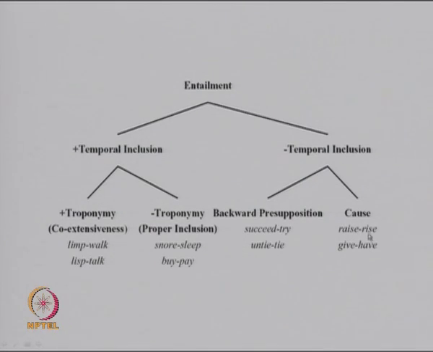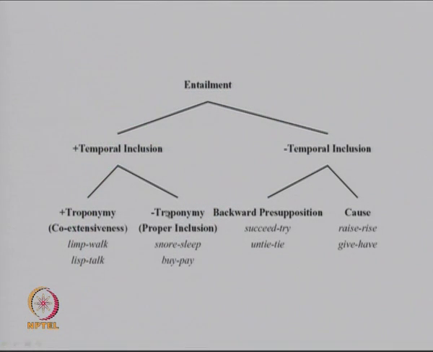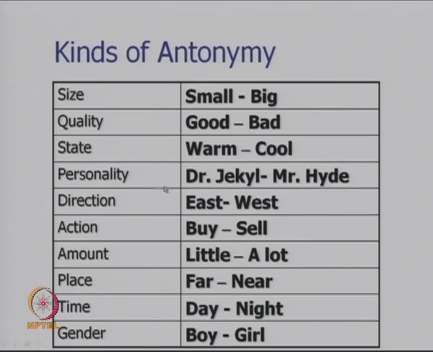So, this is the cause relationship without temporal inclusion. So, entailment is an extremely rich relationship which introduces as its parts troponymy, backward presupposition, cause, and also proper inclusion. Okay. So, we proceed further.